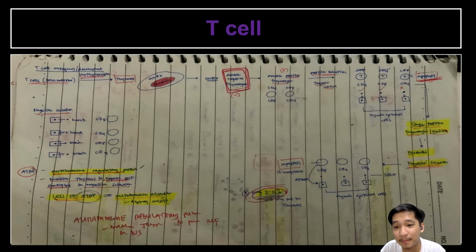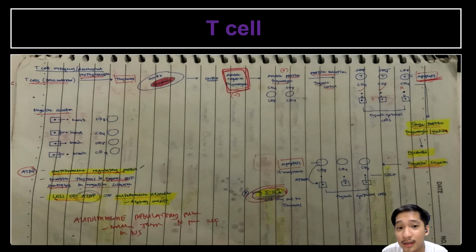The cells that pass through positive selection will now be called single positive thymocytes or mature T cells. The single positive thymocytes will then proceed to the medulla, where there is negative selection. So again, in our thymic cortex, there is positive selection.